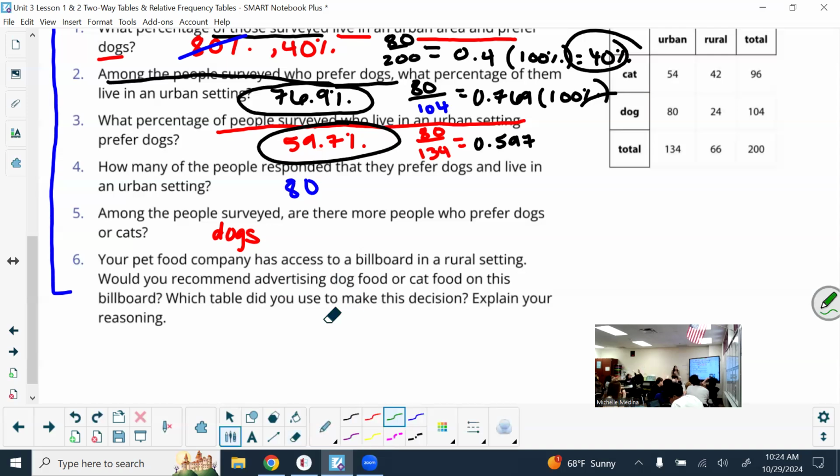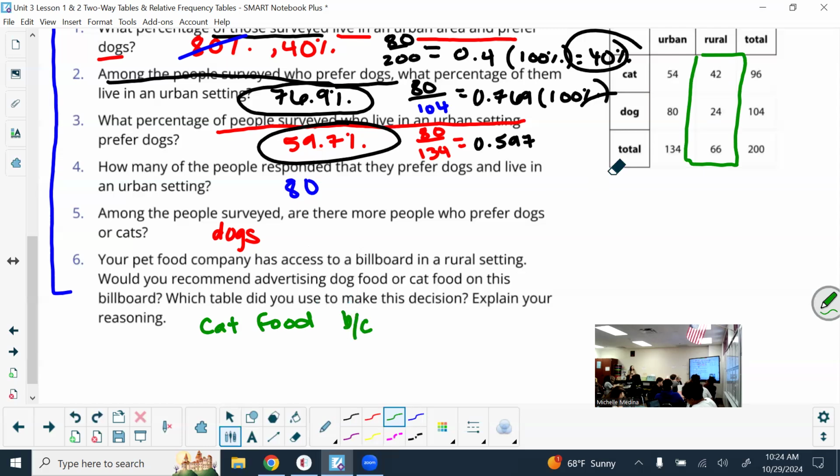Okay, good. So even though cats in general overall are a little less popular than the dogs, it said rural settings specifically. And looking at that, which pet is more popular in a rural setting? Cats for sure. So cat food.